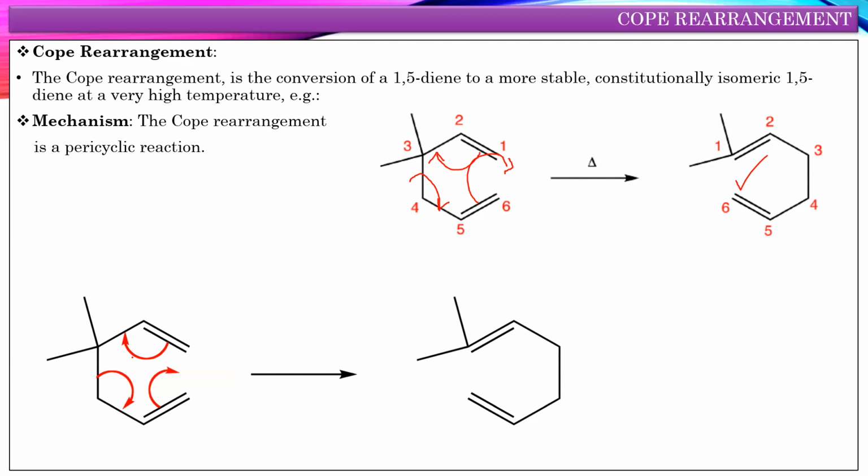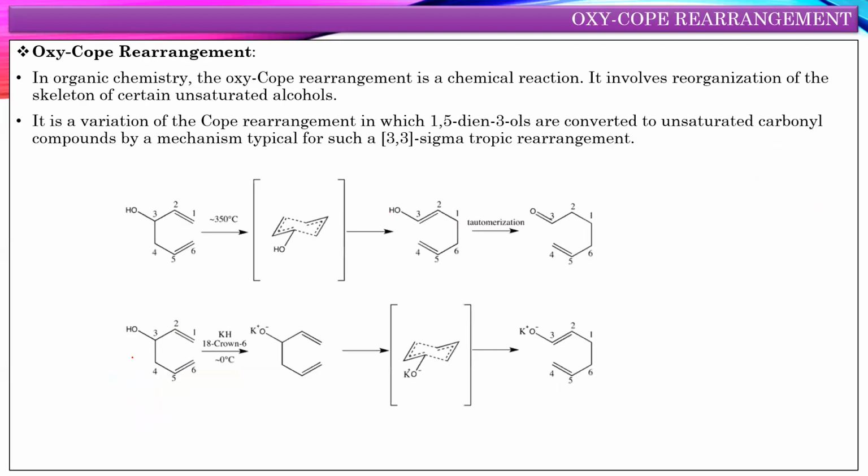That's called Cope rearrangement. In Cope rearrangement there is also another type of reaction called oxy-Cope, similar to the Claisen rearrangement, but in Claisen rearrangement there are ethers, whereas here there are alcohols. There is a very, very important difference to identify whether it is oxy-Cope or Claisen.